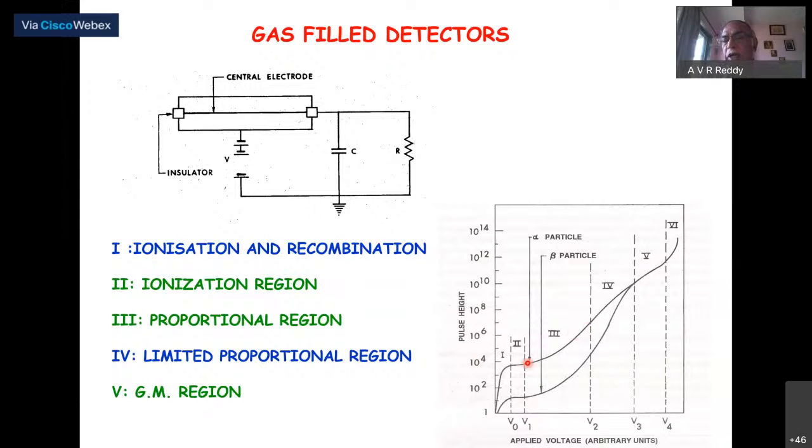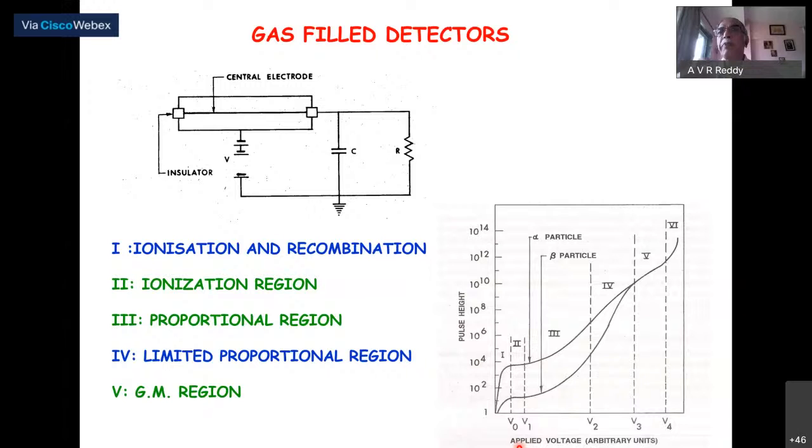Up to this point, the pulse height goes on increasing, but a constant value at any given applied voltage. So there is a linear relation between the initial energy and the multiplication factor.